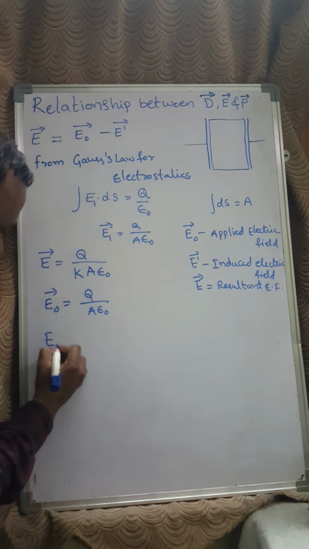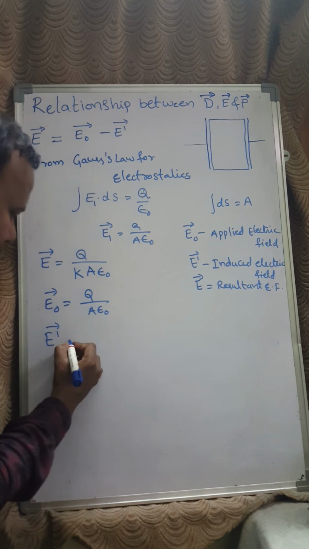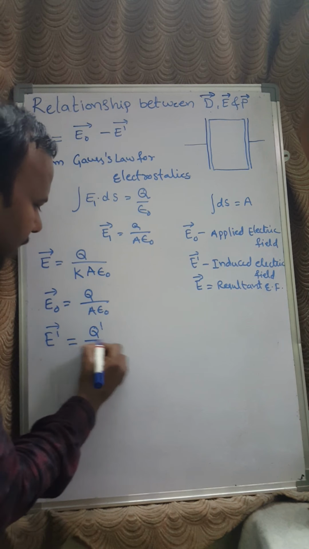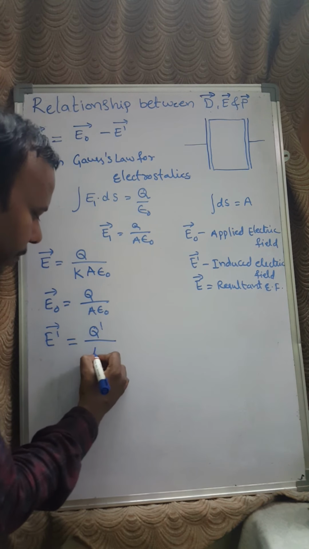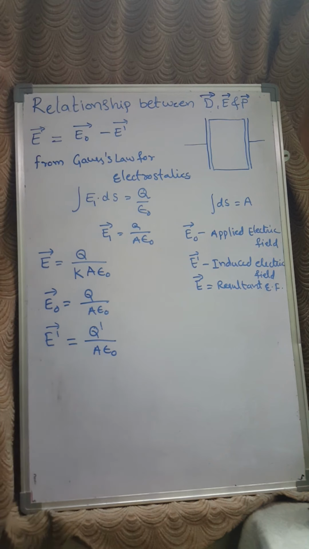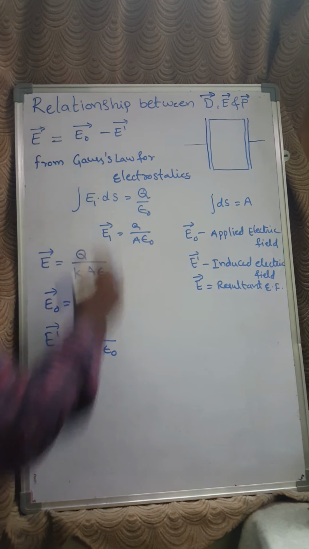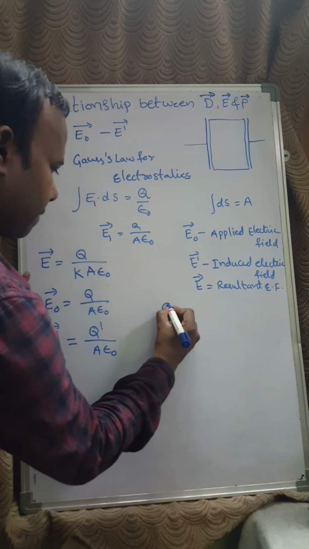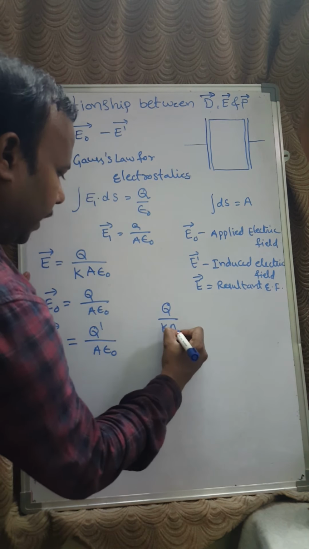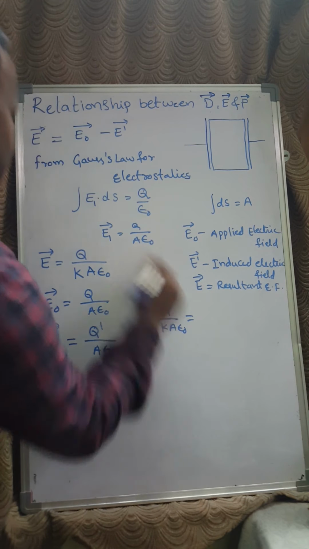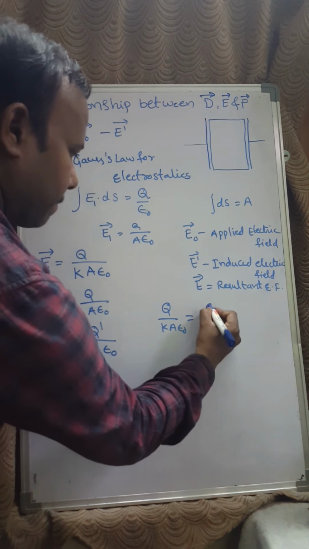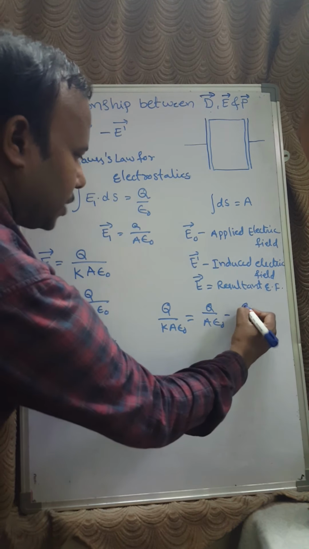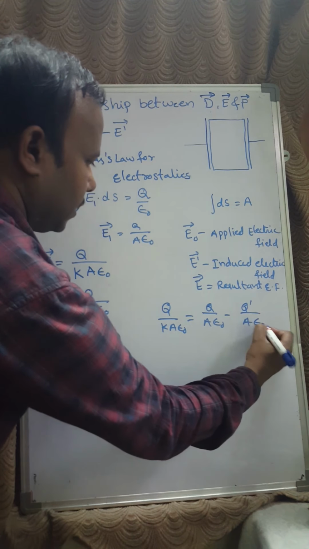For the induced electric field, E prime, there is some induced charge which I represent by Q dash, so E prime is Q prime by A epsilon naught. Substituting these three values, we get Q by K A epsilon naught equals Q by A epsilon naught minus Q dash by A epsilon naught.